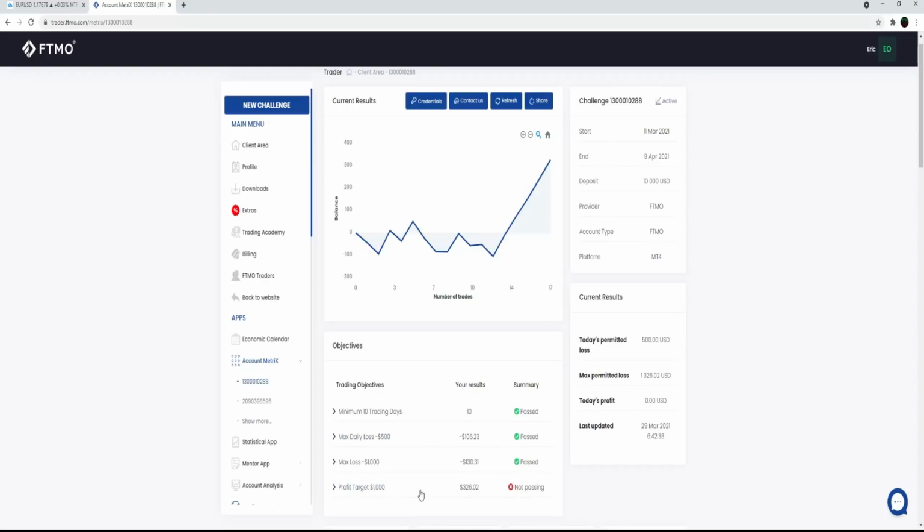So they have both things being on the strict side where it's hard to hit either of them, when what they really should have is a low profit target if they're going to have strict risk management parameters, because you can't risk very much per trade if you want to make sure that you don't fail on the risk management parameters on the trading objectives. Or they can have a high profit target, but they need to loosen up their risk management parameters.